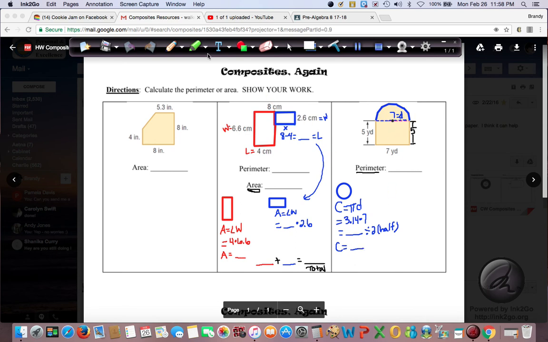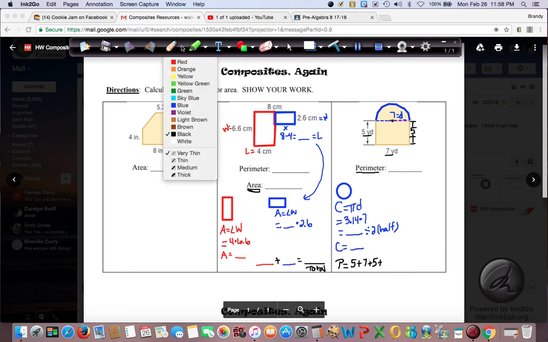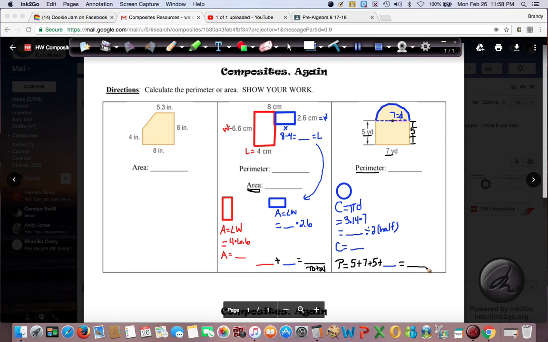So to find the perimeter of the entire shape, we're going to add up these bottom 3: 5 plus 7 plus 5, and then you're going to need to add in whatever you got for this half of a circumference. So your blue answer, you're going to need to add that. So you should have 1, 2, 3, and this is one number, so that would be 4. So 4 numbers, and that'll give you your total perimeter, which is this answer.